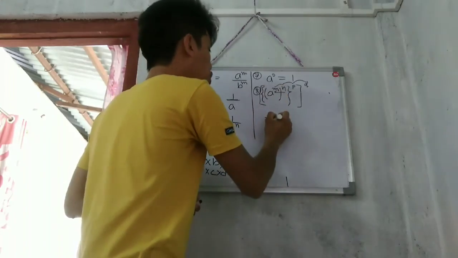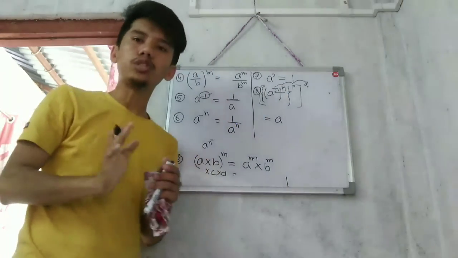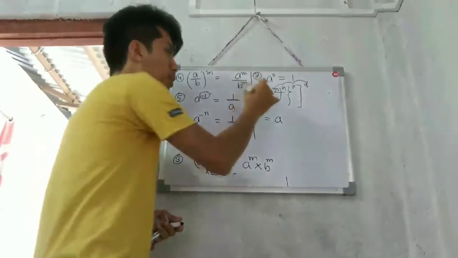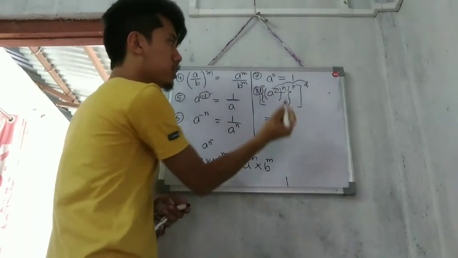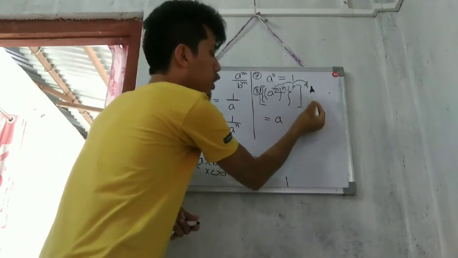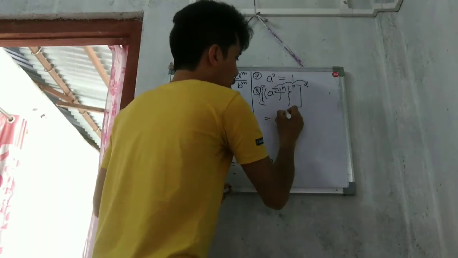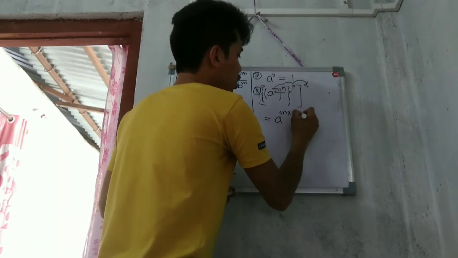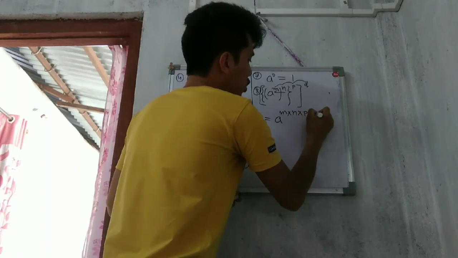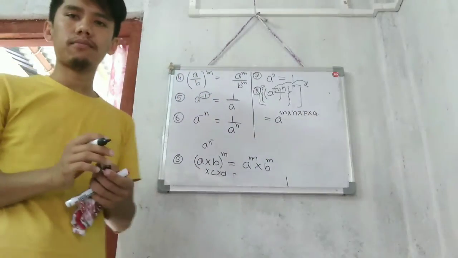So the base will be the same. There will be no changes. Simply all these powers, that means m, n, p and q, will be multiplied. That means m into n into p into q. So this is the formula.